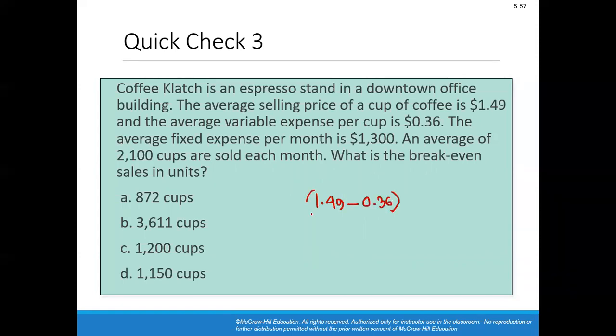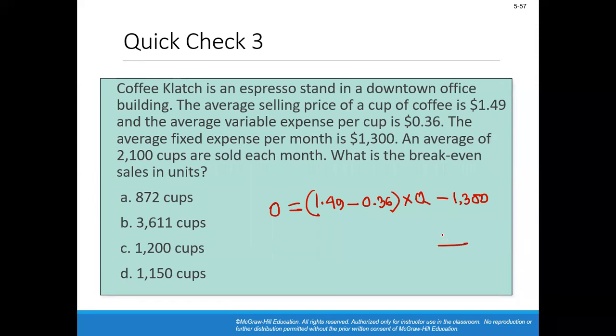We need to solve the equation in this way, multiplying by quantity, and our fixed expense is 1,300, and we want to solve it for profit equal to 0.